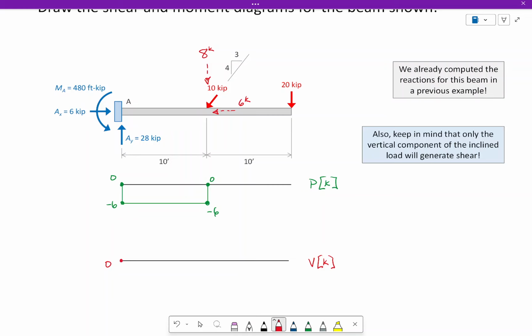Okay? So that's our shear diagram in a nutshell.